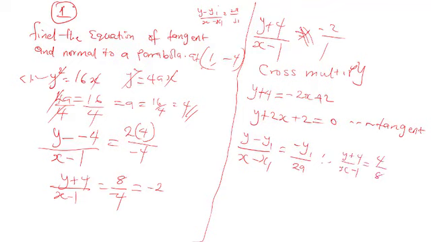So our final equation becomes 2y minus x plus 9 equals 0. So this is our equation of normal. So this is our equation of tangent, and this is the equation of normal.